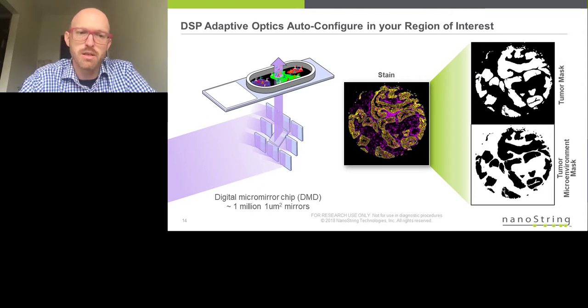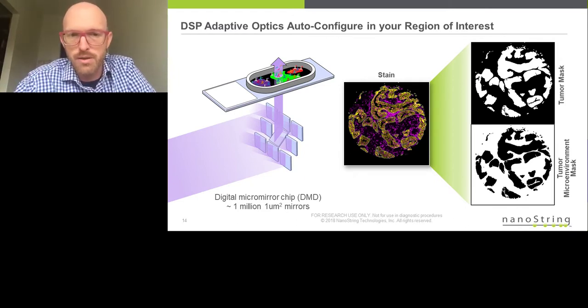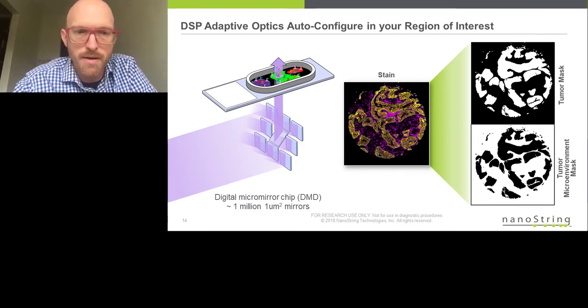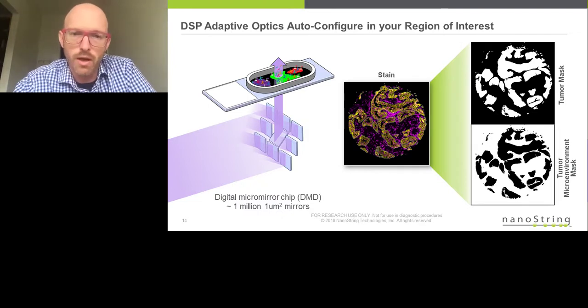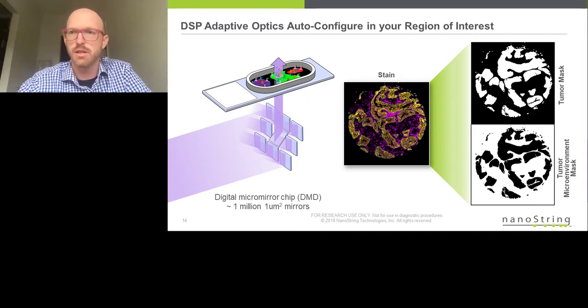But using this DMD device, we can actually cut apart the tumor and the tumor microenvironment from one another. So it allows us to finally dissect out the two different signatures. In this particular example, we'll get a profile for the tumor, which is on top, and then another profile for the tumor microenvironment. So we have two distinct either protein or gene expression profiles for what we're trying to study. And this really allows you to see the interaction between those two different segments.